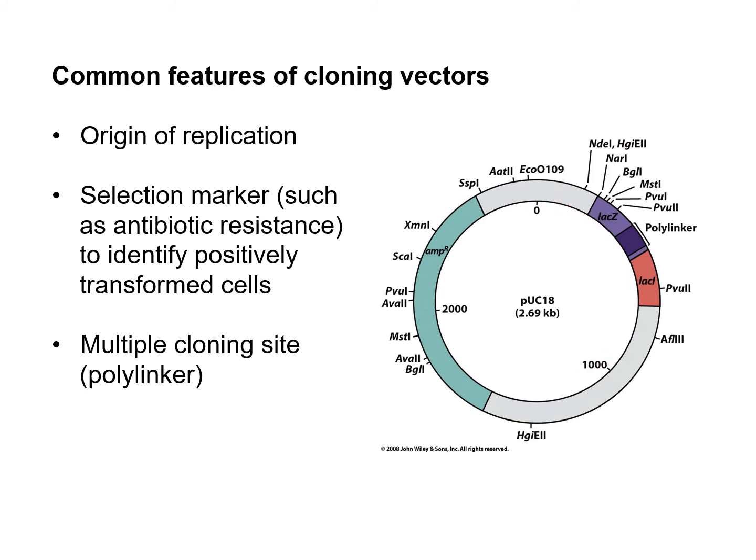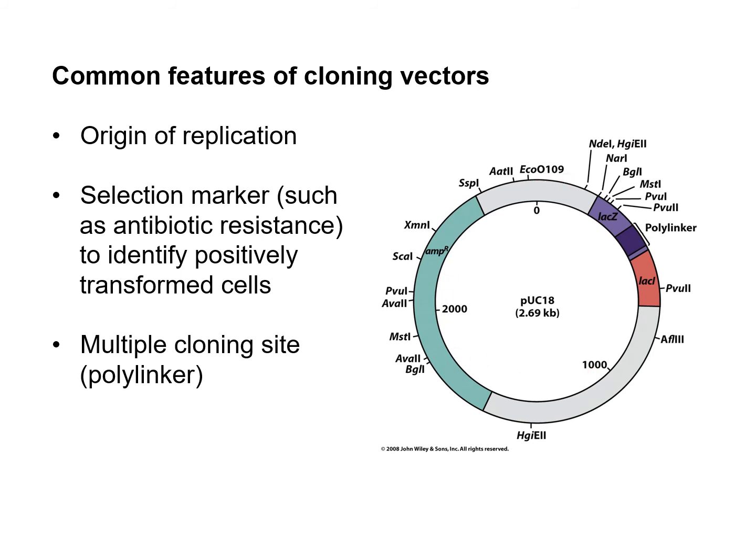And the other one is the selection marker, such as antibiotic resistance, to identify positively transformed cells. And transformation is a process to put this cloning vector into the cloning system, which is again bacteria or yeast. And transformed cells are the cells, the yeast or bacteria, that contain these cloning vectors.